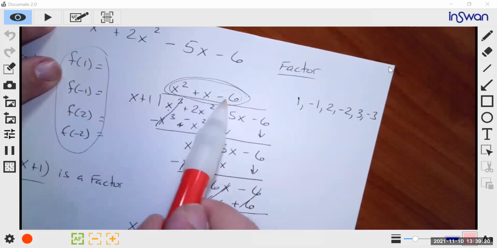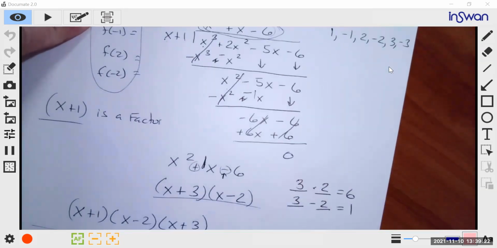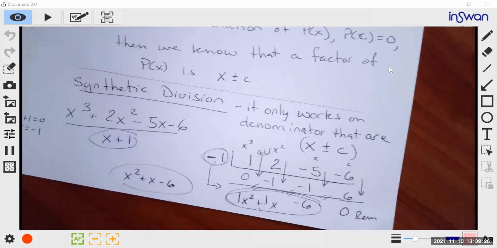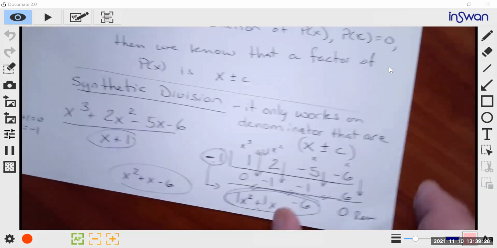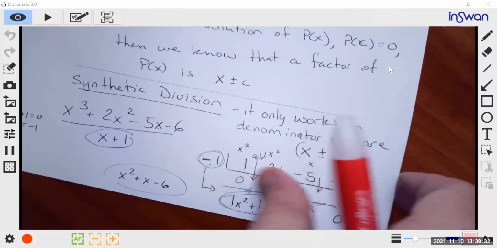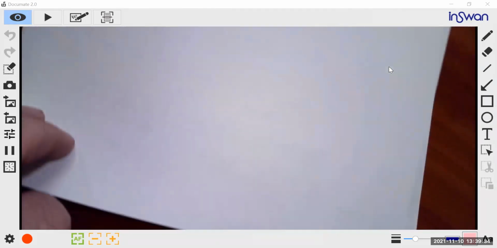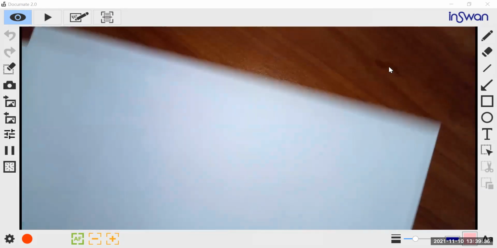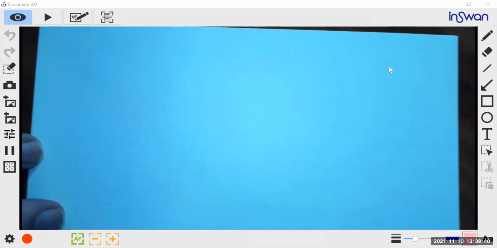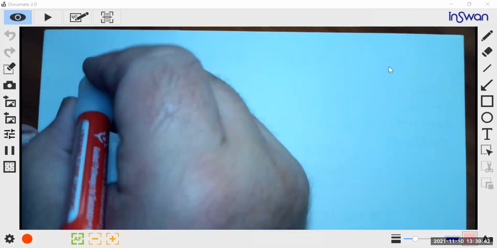All this stuff, same thing we ended up with here, after all of that. That's synthetic division. It makes life a lot easier for us. Let's do another one. We have to know how to do synthetic division because that's what the next section is all about.